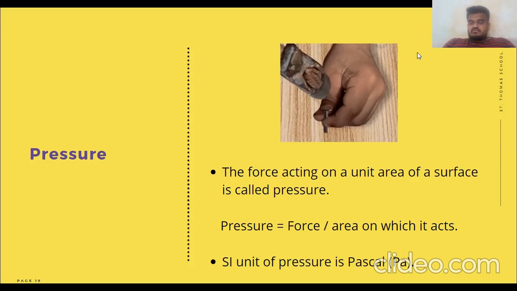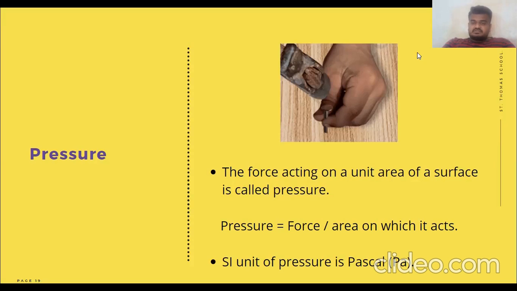We are not applying the pressure on the pointed end. And why is this happening? The only reason is that pressure is dependent on the area on which the force acts.